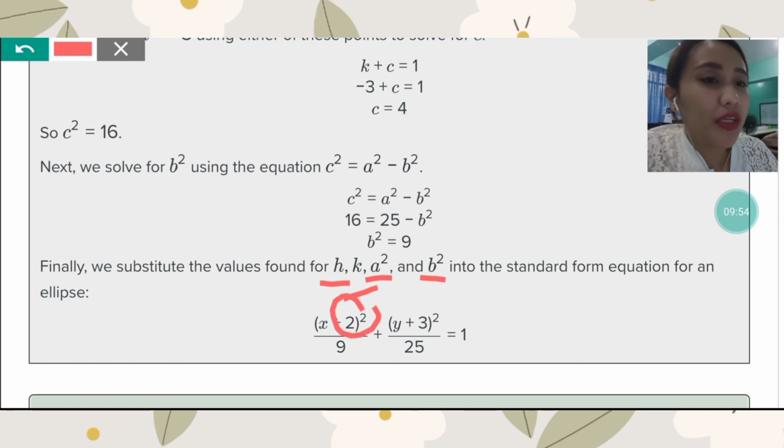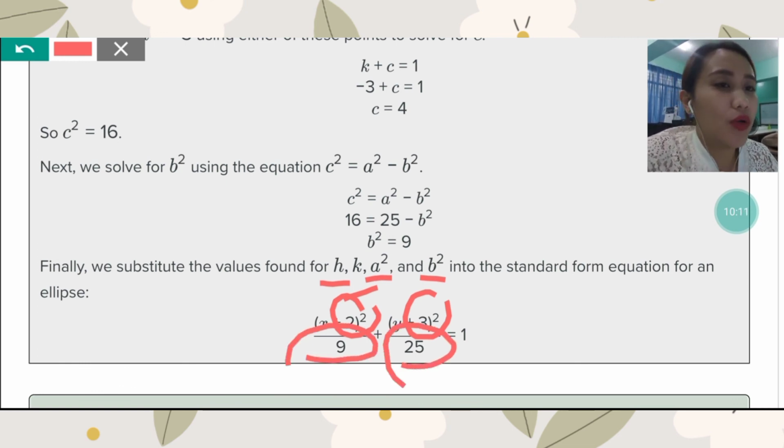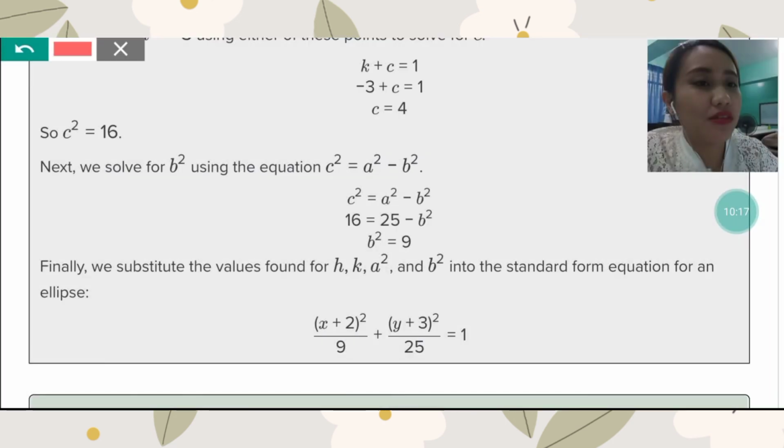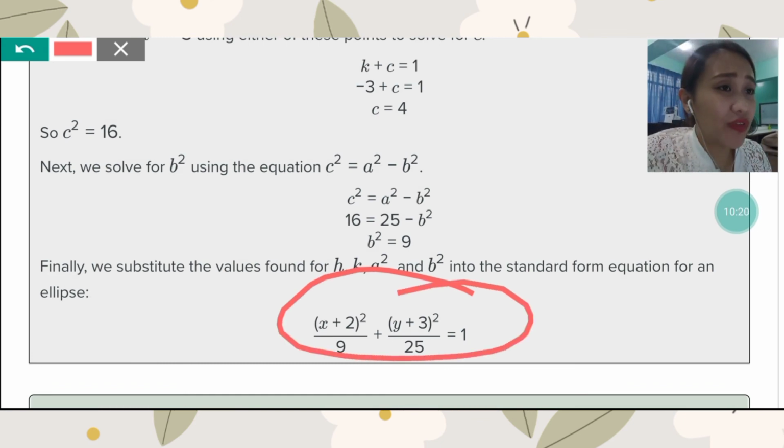Also, since our k is negative 3 and the equation is y minus k, so y minus negative 3, negative and negative became positive. And we already know the value of b squared, which is 9, and the value of a squared, which is 25. Therefore, this is the standard equation of the ellipse given the endpoints of the major axis and the coordinates of our foci.